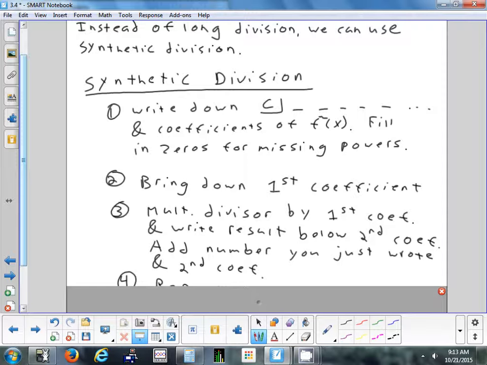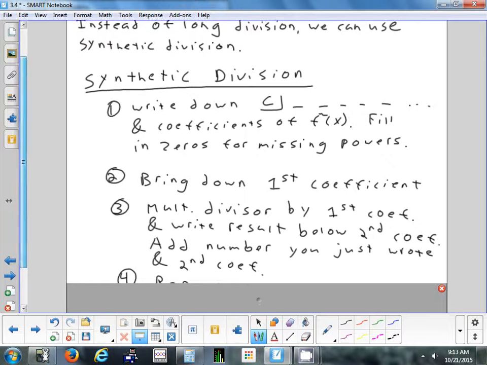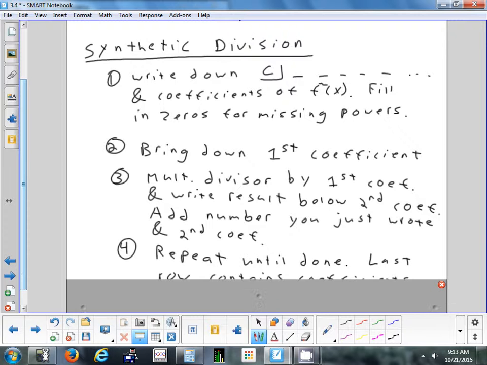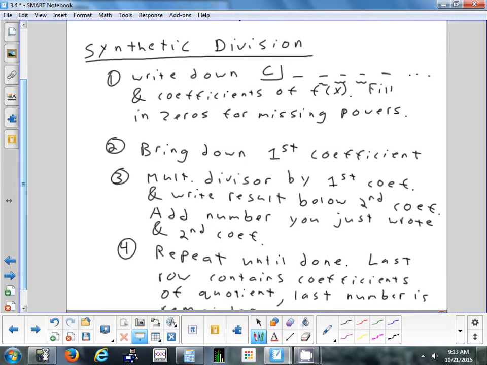And then you basically keep repeating this process. You take the answer you just got when you added the two numbers up, multiply it by C, write it in the third column, add the numbers up. Multiply again, write the answer, add the numbers up. You just keep multiplying, writing the answer, adding up, and you keep repeating until you're done.